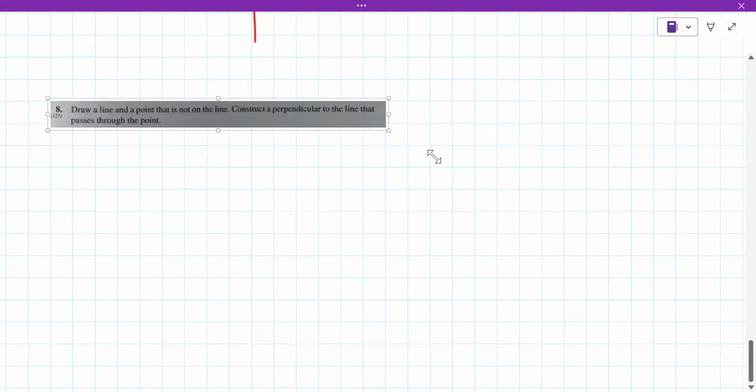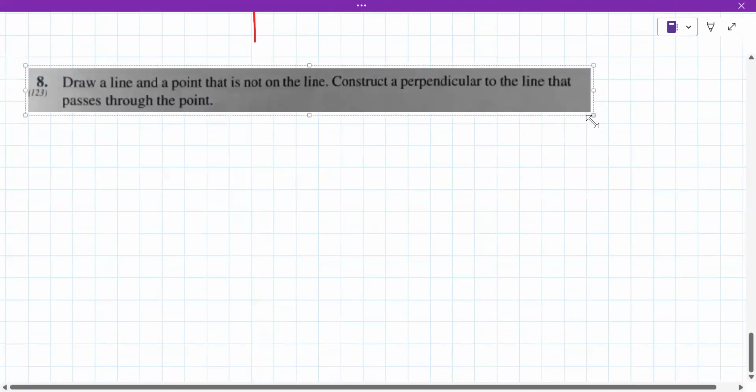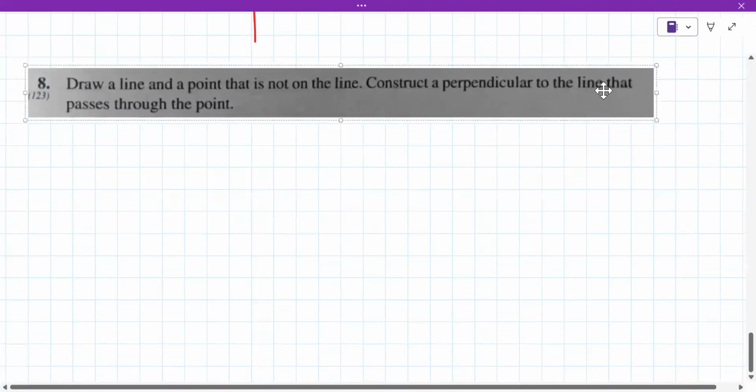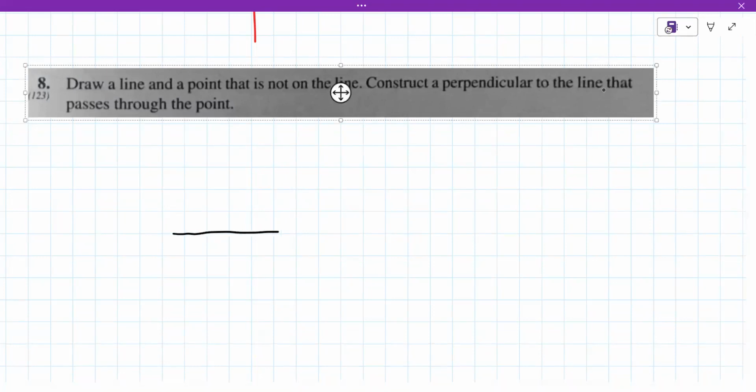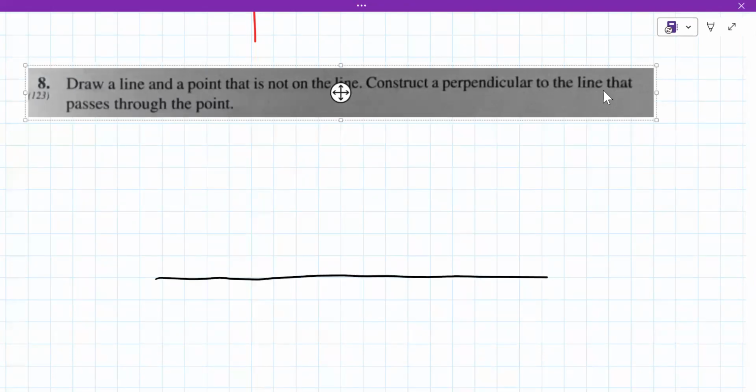Draw a line and a point not on that line. Construct a perpendicular to that line that passes through the point. Probably sounds harder than it really is. Let's just say here's your line and here's your point. You go to that point and swing an arc, and then you have a point and a point.